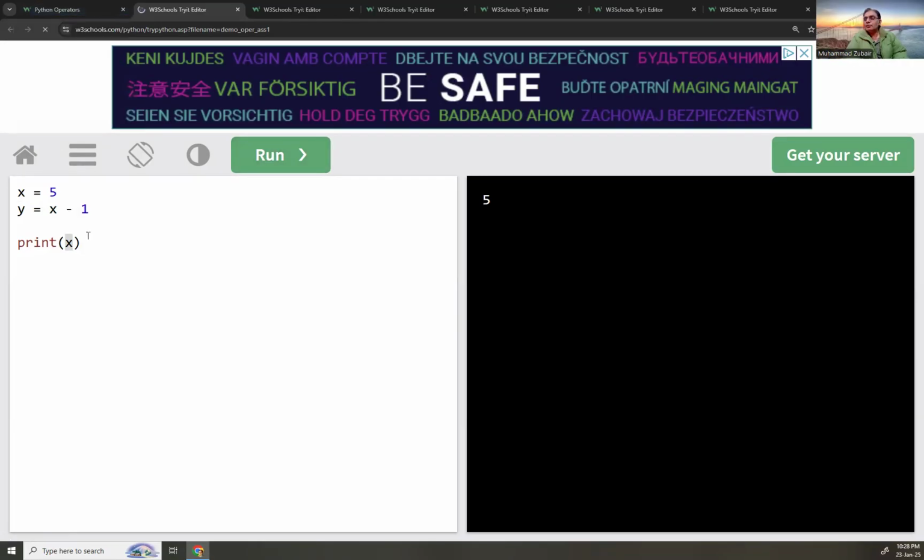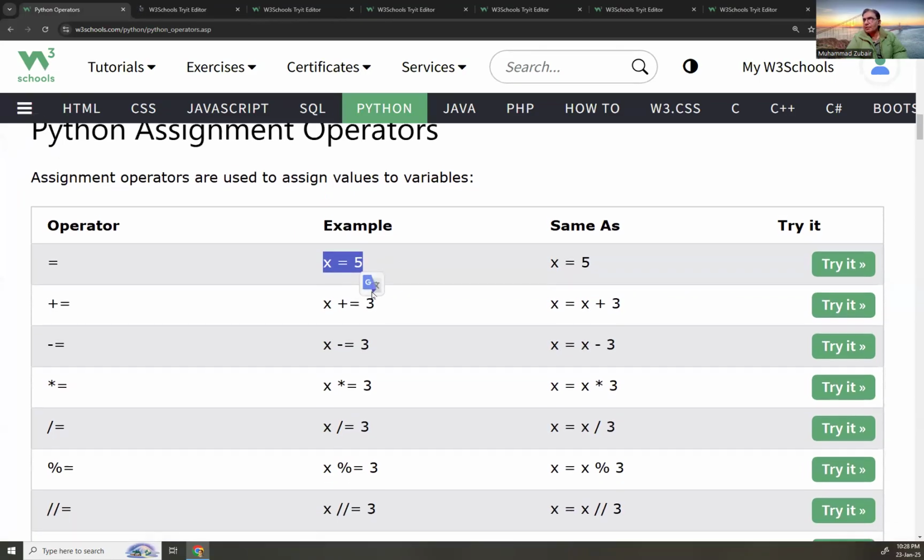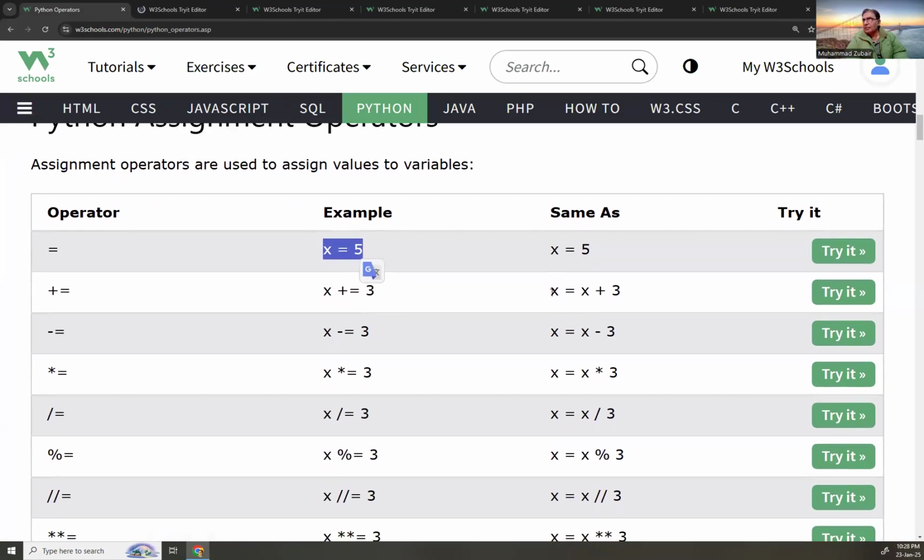So these are actually the operators. We can assign values where this is a variable and this is its value. But sometimes, like we have tried, x is a variable and its value is x plus 3.